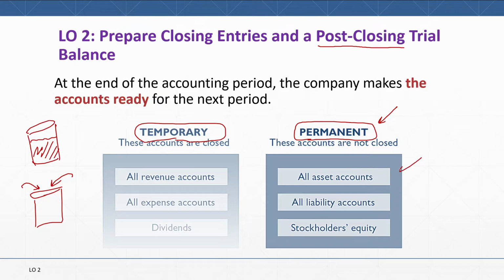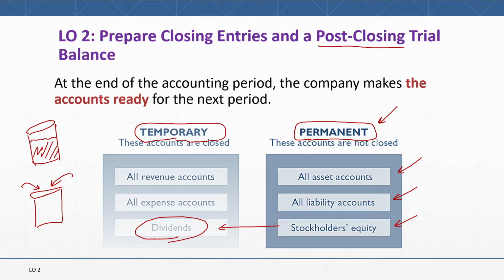All the asset accounts are permanent accounts. All the liabilities are permanent accounts. All the equities are permanent accounts, except for dividend. Dividend is actually the only equity account that is a temporary account. We have to close it.